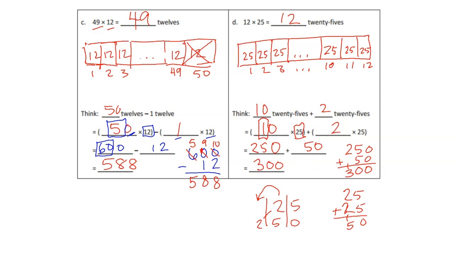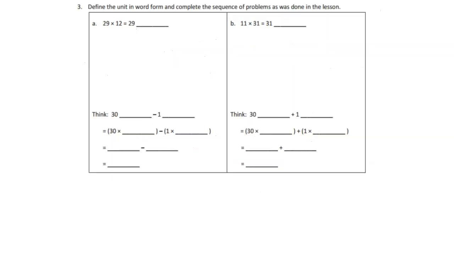Alright, picking up the pace here. Number 3. It says define the unit in word form and complete the sequence of problems as was done in the lesson. So let's take a look at that here. We have 29 times 12. So we know that that's going to be 29 12s.